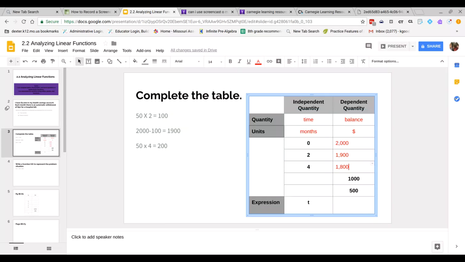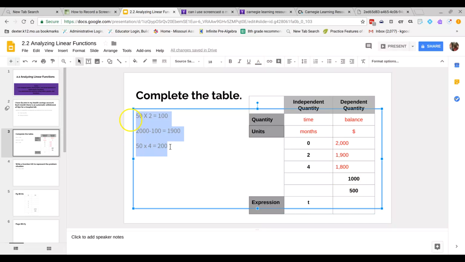Okay. Well, this situation is different because instead of them telling me how many months, they give me my balance. So I need to figure out how many months it has been for my balance to be $1,000. Well, if my balance is 1,000, that means they have withdrawn $1,000 total.